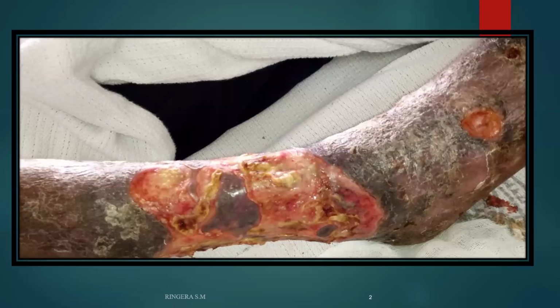Now, here in KNH, we have a specialized wound care clinic at our surgical outpatient clinic, and we are seeing so many. Actually, the numbers are now a concern to us, and possibly somebody should take up this research and find out why it is that we have so many. Even most of them are young people.